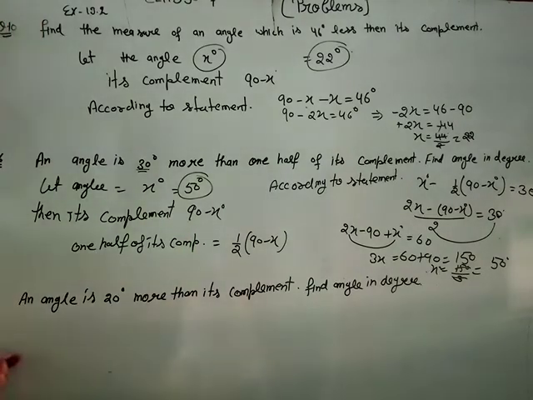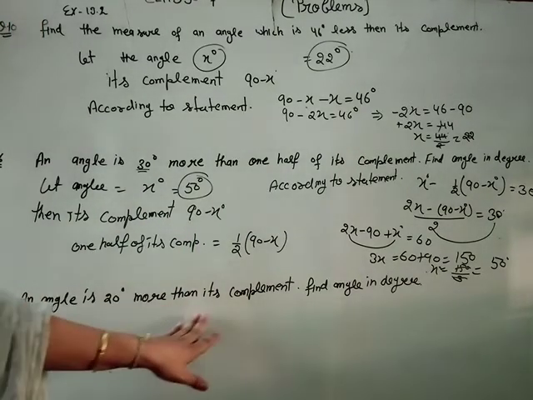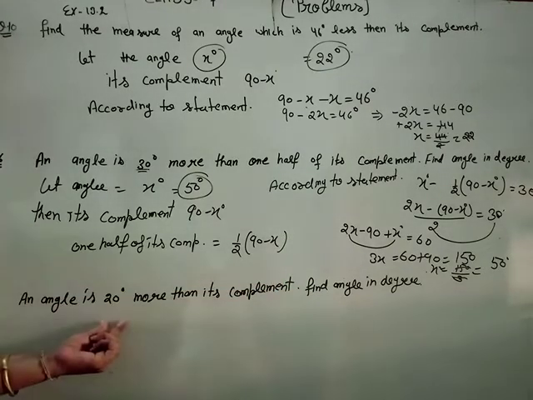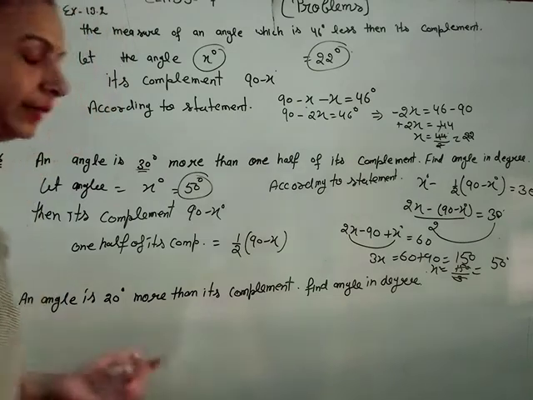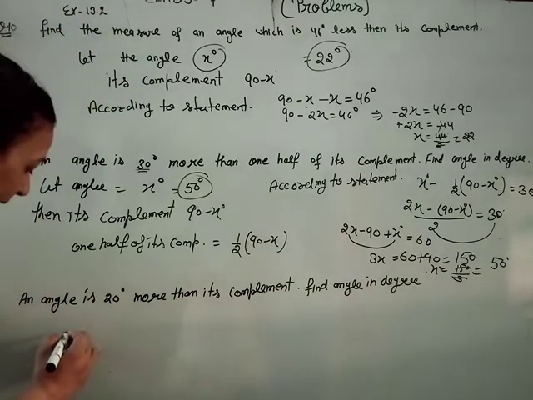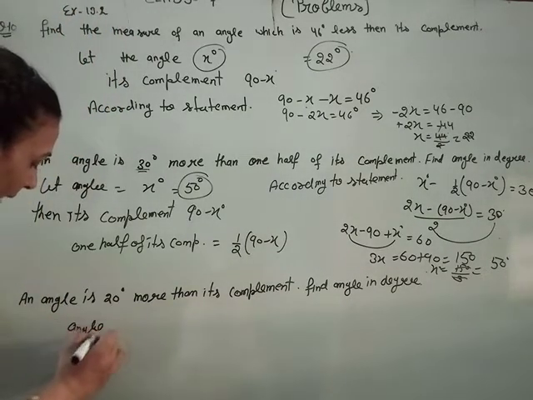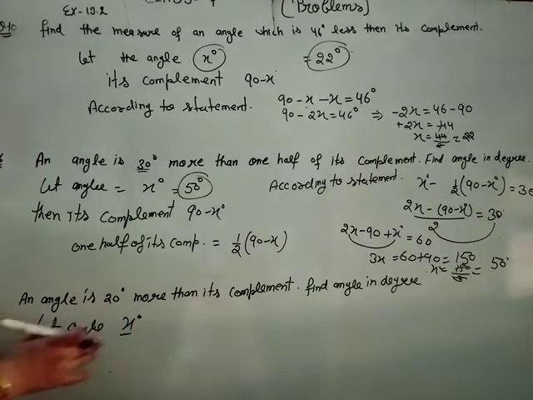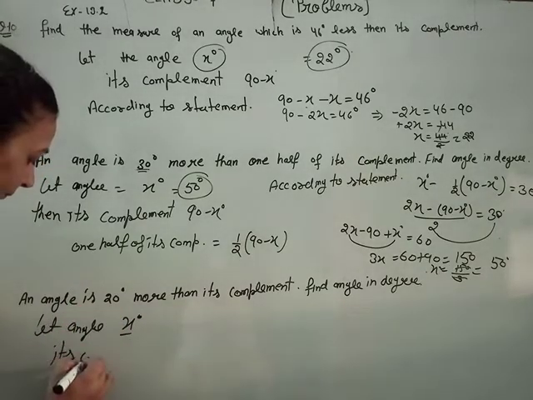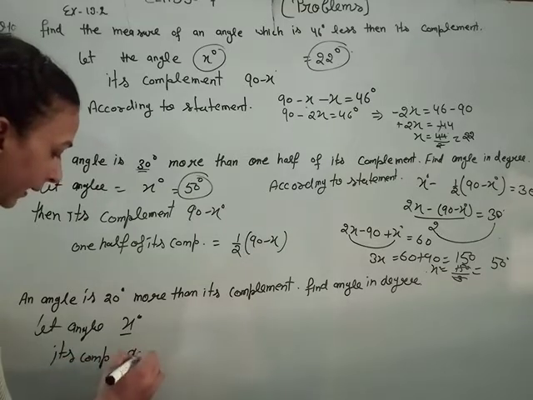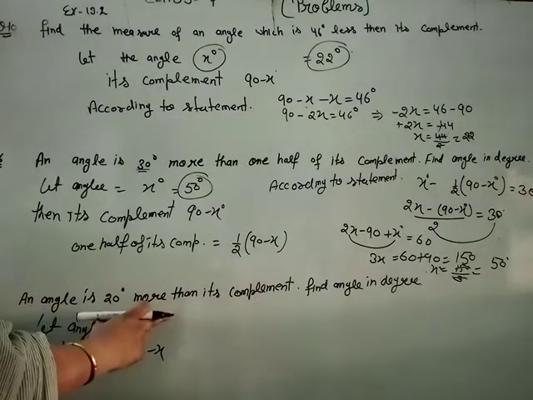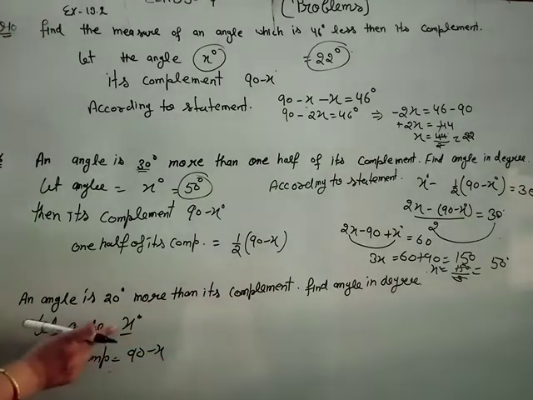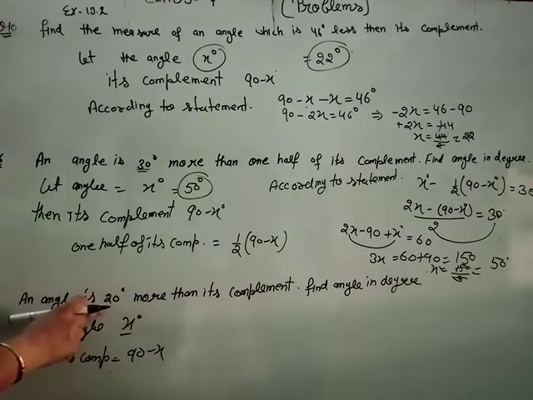Next, question number 17. An angle is 20 degrees more than its complement. Find the angle in degrees. This is very easy. Let the angle be x degrees. Then its complement is 90 minus x. According to the statement, this is greater than its complement, and the difference equals 20.